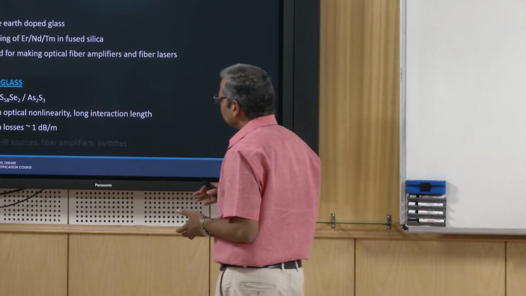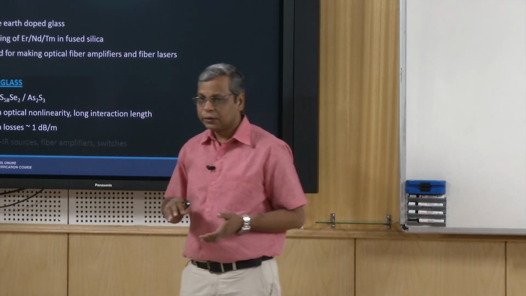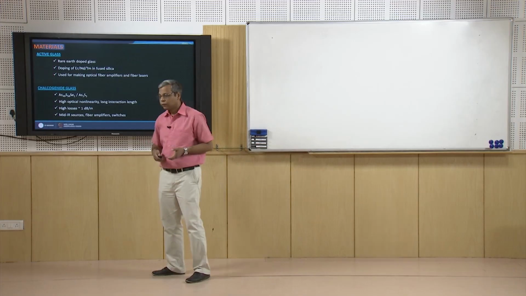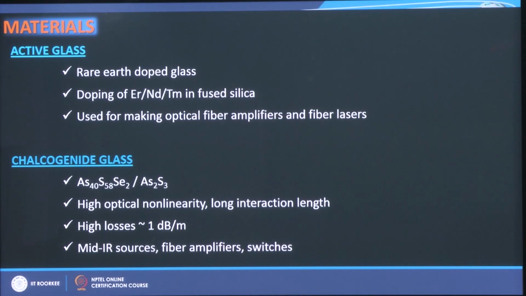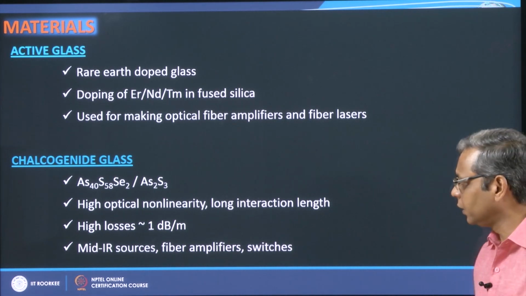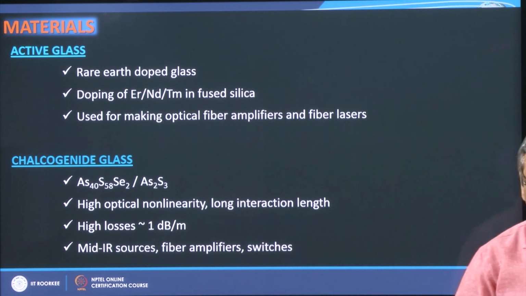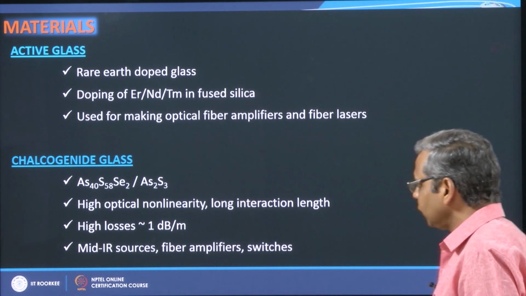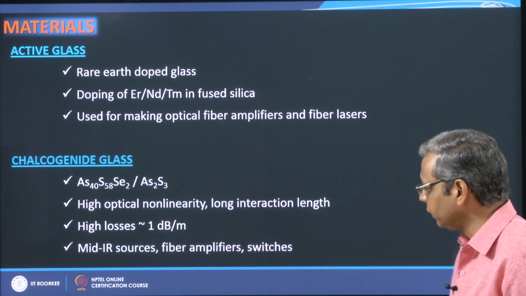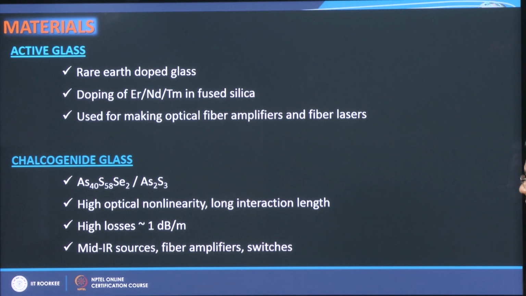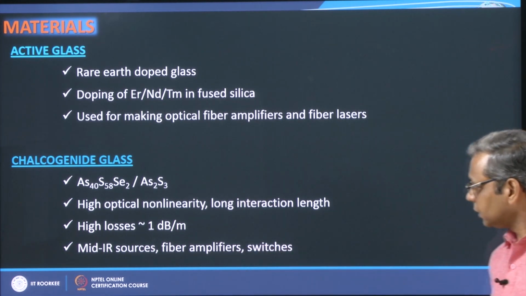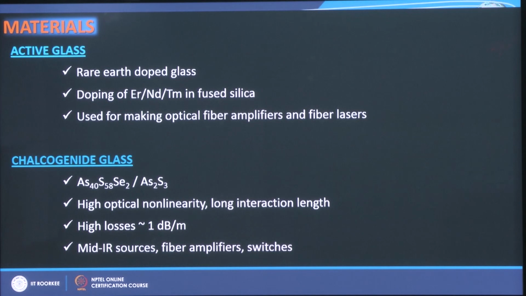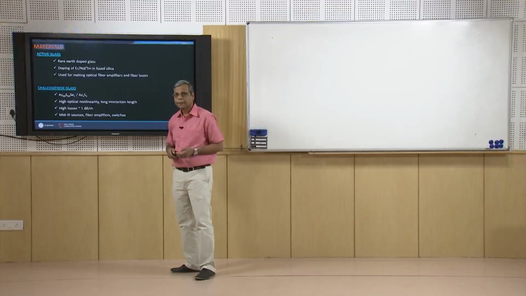So, of course, these kinds of fibers are not very good for transmission of optical signal as a transmission line fiber, but what can be done using these fibers is we can make light sources in mid IR wavelength range, we can make fiber amplifiers and components like switches using this kind of glass.